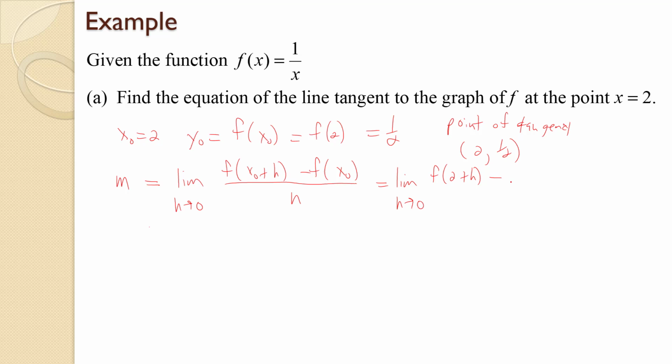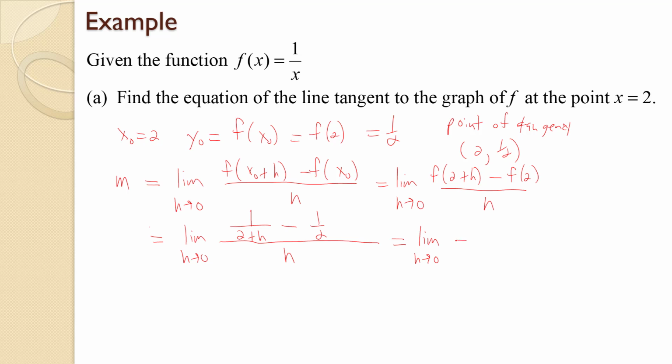Then you have minus f of 2, because that's x0, all over h. That would then equal the limit as h approaches 0 of, evaluating the function at 2 plus h, that would be 1 over 2 plus h, minus, and then evaluating the function at 2 gives me 1 over 2, divided by h.